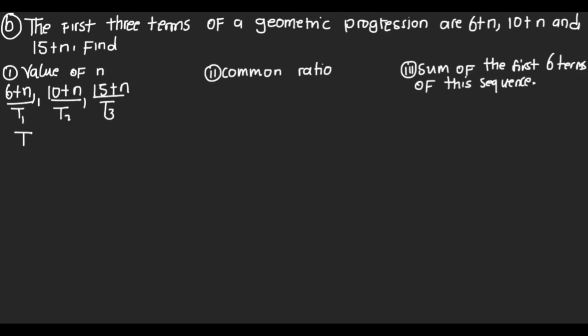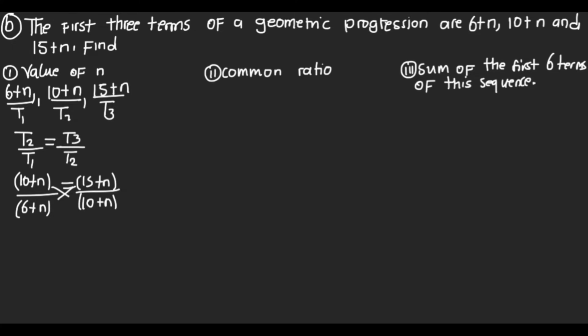So we'll say second term over first term is equal to third term divided by second term. So our second term is 10 plus n over first term is 6 plus n is equal to third term is this one, 15 plus n over second term is this one, 10 plus n.